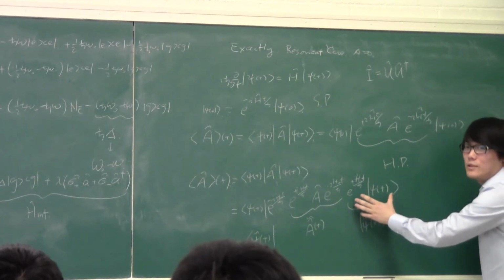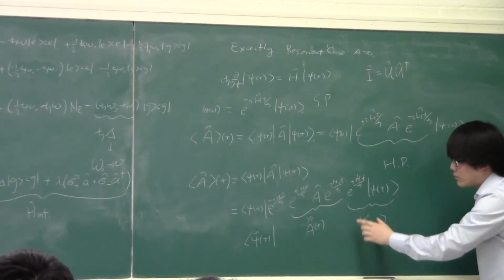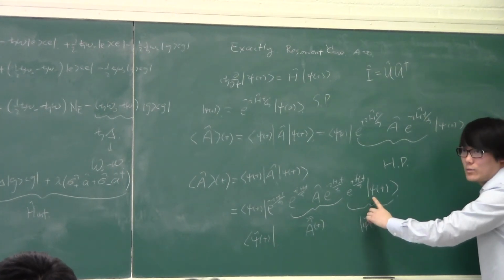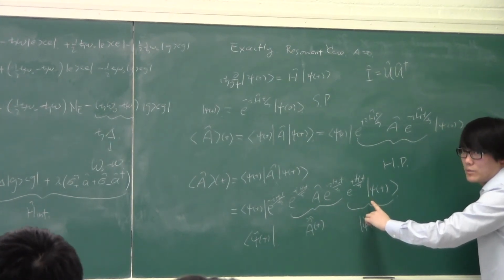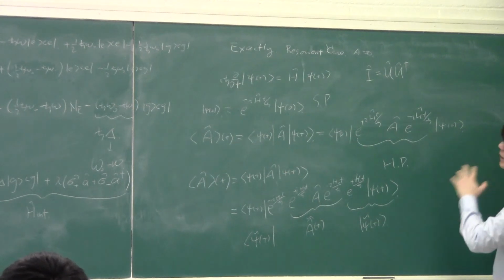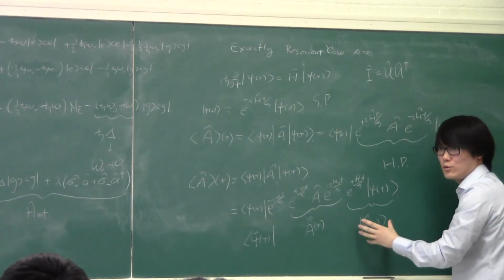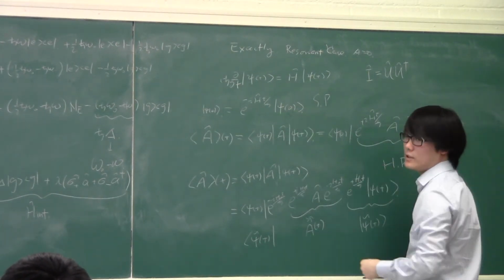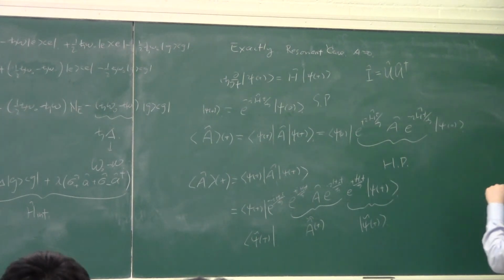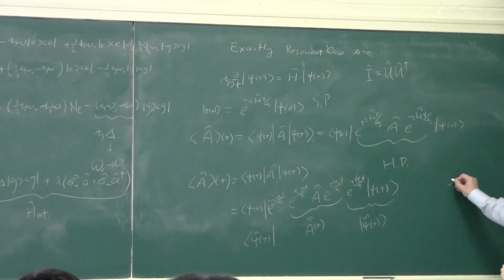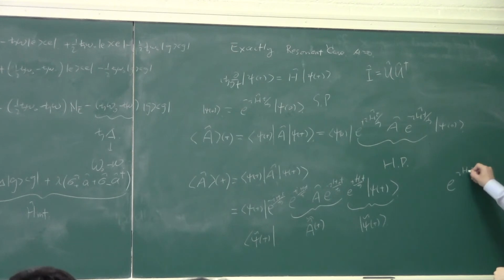And then this is a new state, okay, that evolves with this, multiplying the state in the Schrodinger picture, okay? And if I were to relate this state to the initial value of the state, then I would get e to the i, something like this.